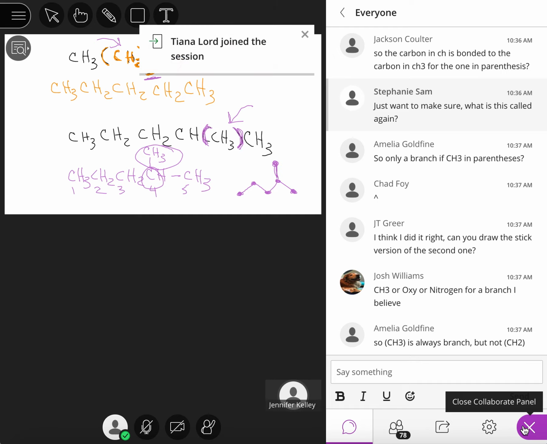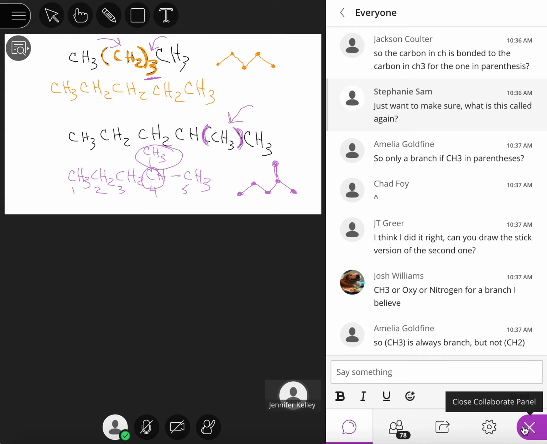So that's what it looks like with the branch on it. Correct. CH2 is not a branch. Now you might see a branch that's CH2, CH3, but because you see the CH3 there, you know that that whole thing is a branch, that it would just go CH2, CH3.